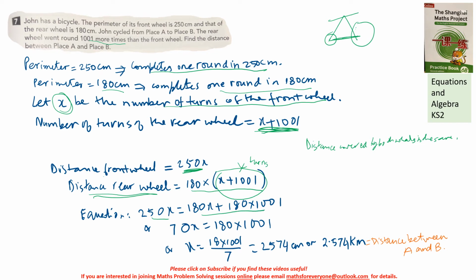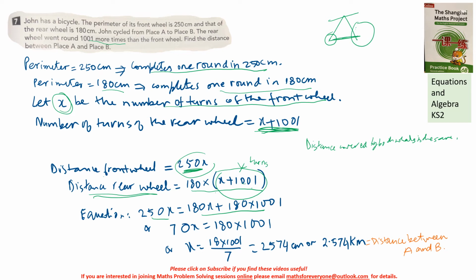So we have 250x, which is the first one, equals 180 times x plus 1001.